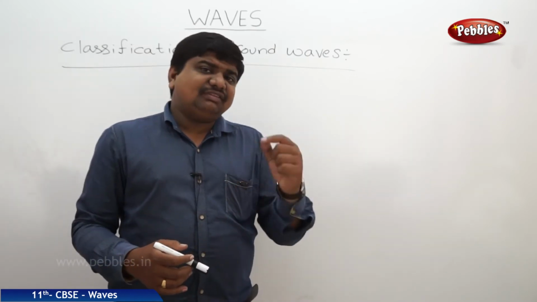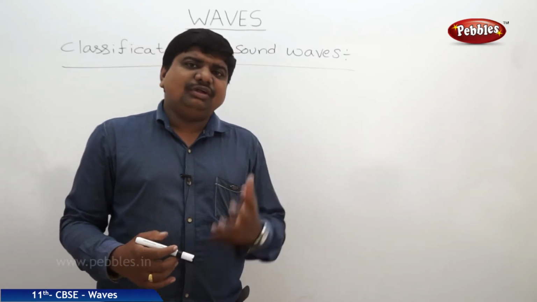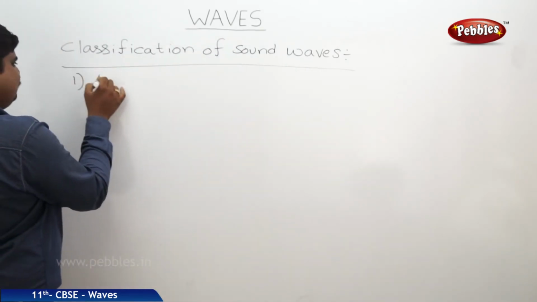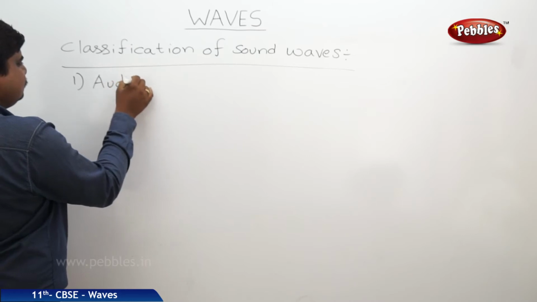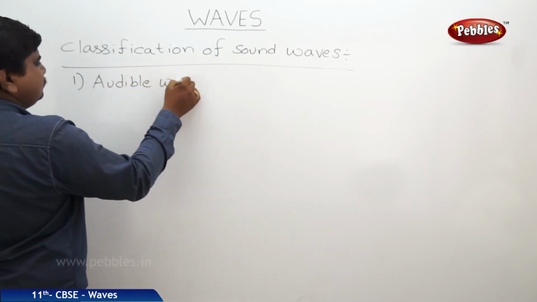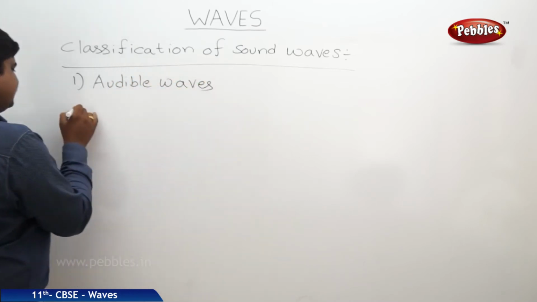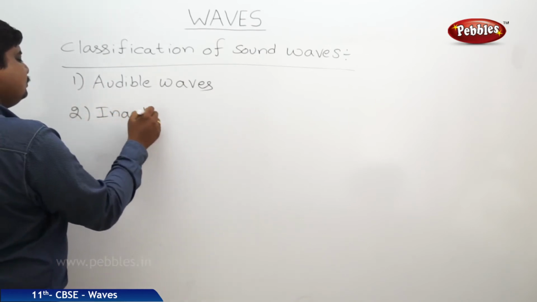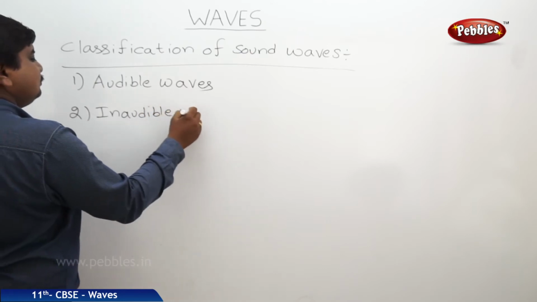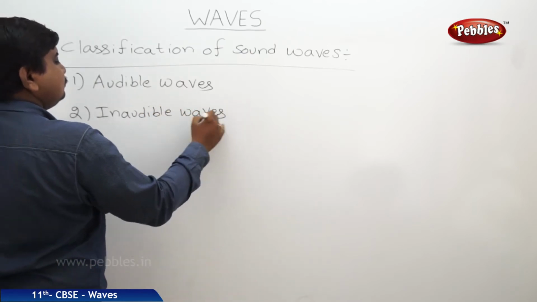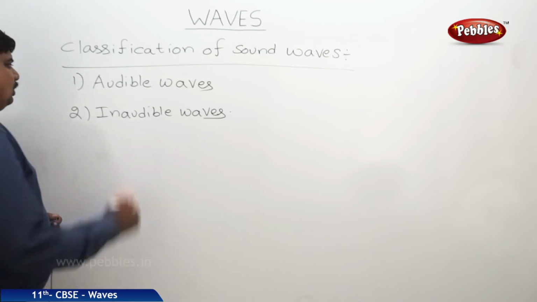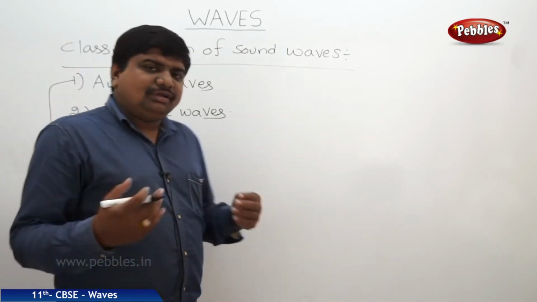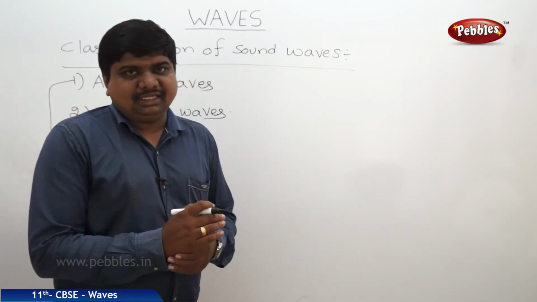So on the basis of the frequency generated, these sound waves are classified into two types: audible waves, and the second one is inaudible waves. So what is an audible wave? Previously we said that all waves are not heard by the human ear.